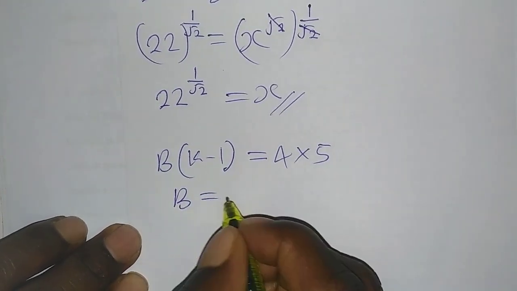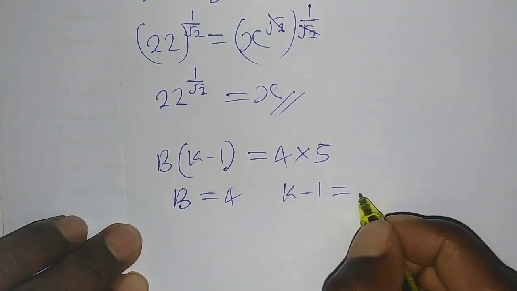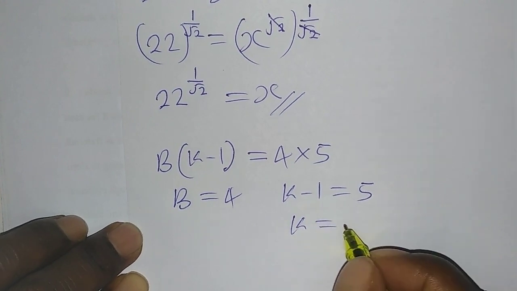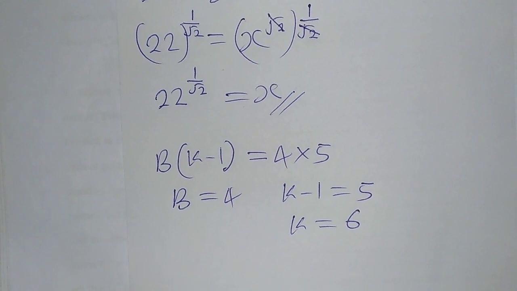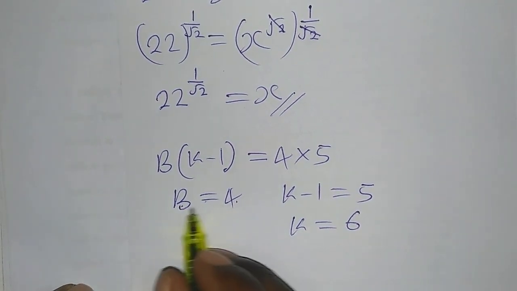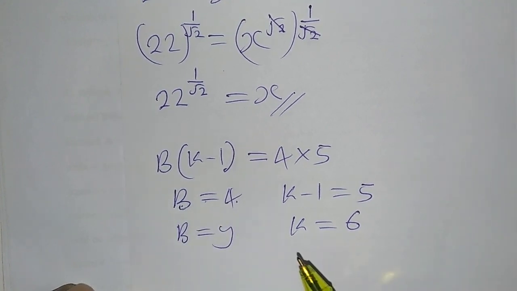Therefore, b equal to 4 and k minus 1 equal to 5, which implies that k is equal to 6. Now, since b is equal to 4, and we let b be equal to y at the initial stage, this implies that our value of y is equal to 4.